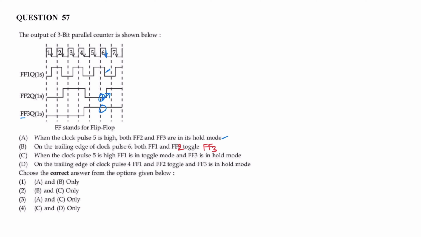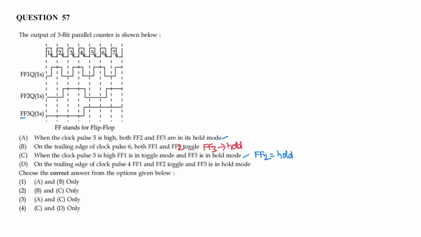So option B is incorrect. Next, statement C: when clock pulse 5 is high, FF1 toggles, FF3 is in hold mode. For the fifth clock pulse, FF1 toggles, FF2 is in hold state, and FF3 toggles. Statement C is correct.